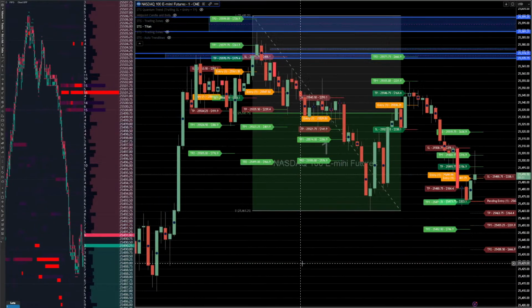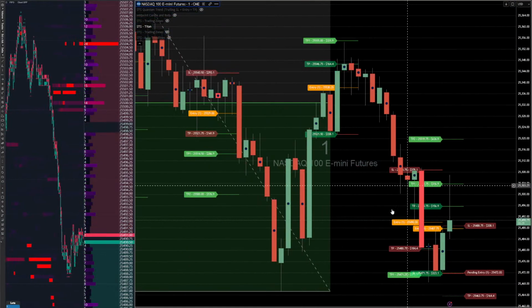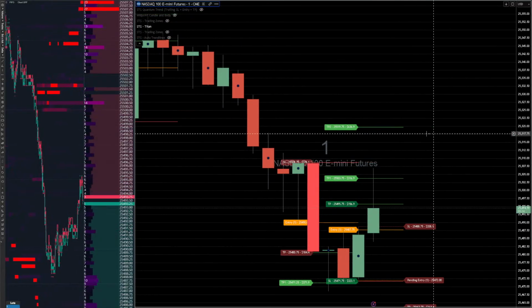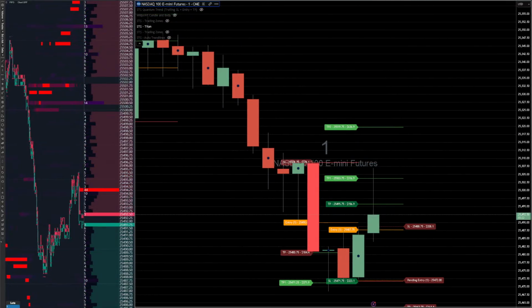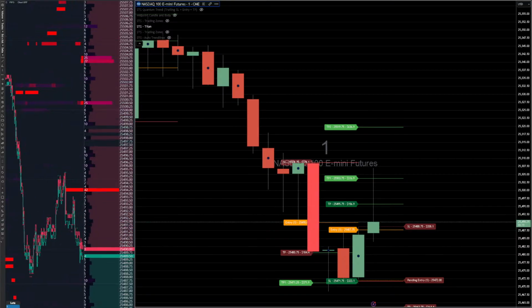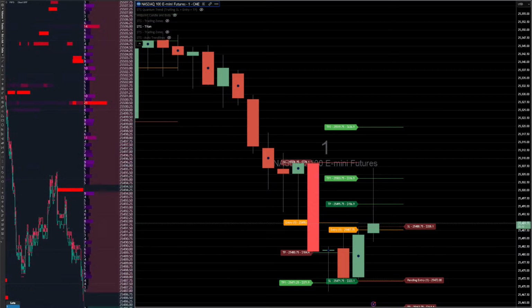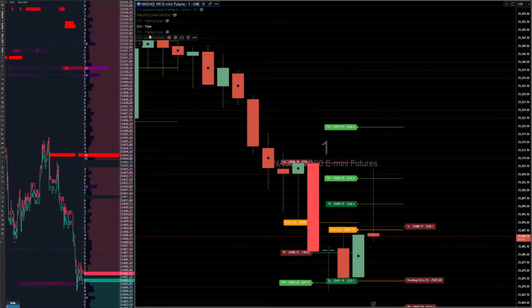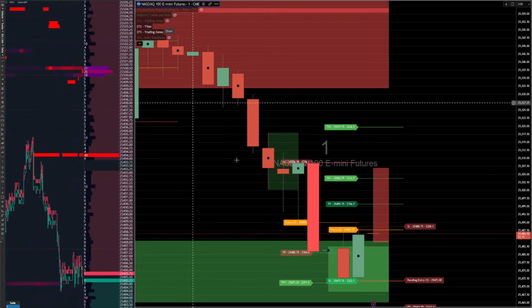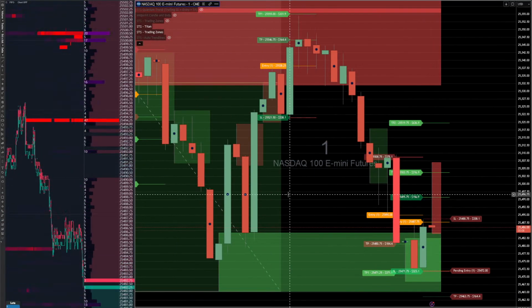But we're also right here at support where we bounced the last time. That was kind of a freebie. It was like free money. Free money. Come and get it. We're in a buy zone.